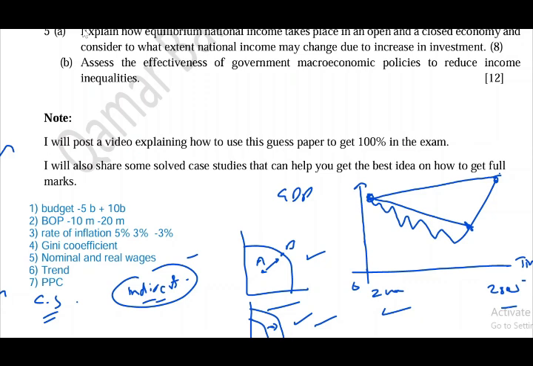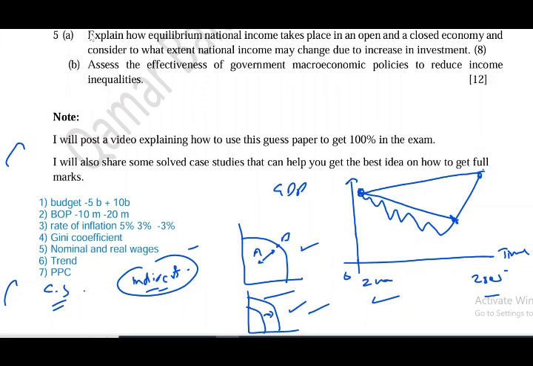And for appreciation of currency, if the price elasticity of demand is inelastic, then it will be beneficial in the short run, but in the long run it will be harmful to the economy, because appreciation increases the price of exports, and when demand is elastic, a lot of demand for exports will fall, and you may face a fall in aggregate demand and a deficit in the balance of payments as well.